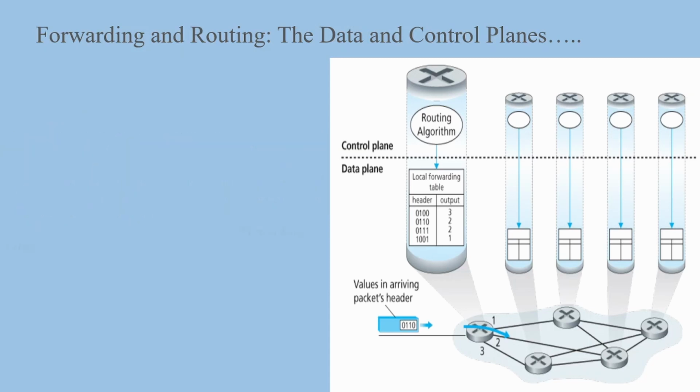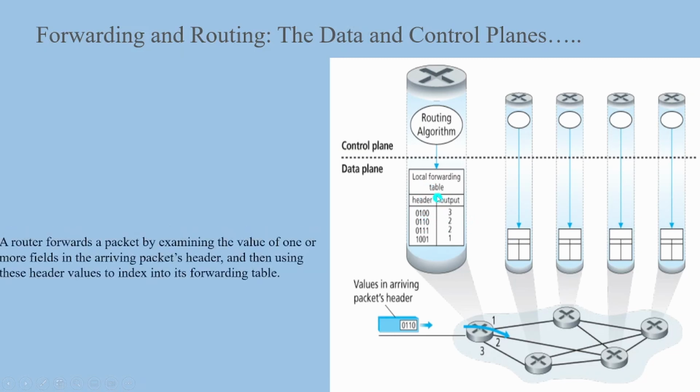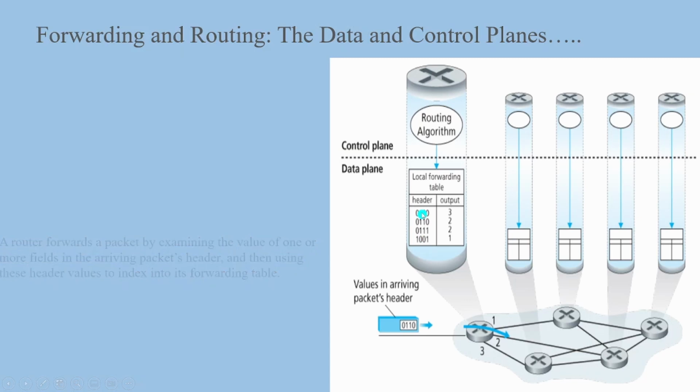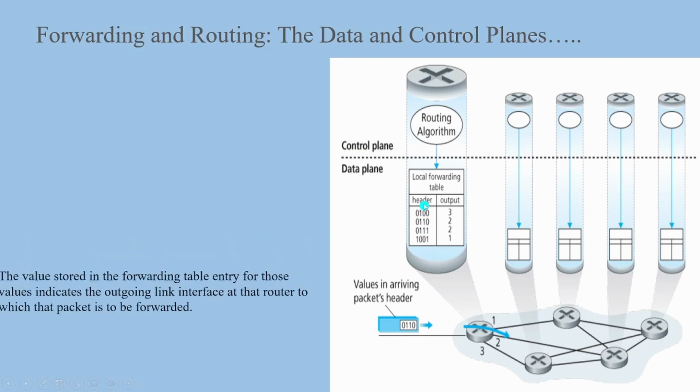A key element in every network router is its forwarding table. A router forwards a packet by examining the value of one or more fields in the arriving packet's header, and then using these header values to index into its forwarding table. The value stored in the forwarding table entry for those values indicates the outgoing link interface at that router to which the packet is to be forwarded.